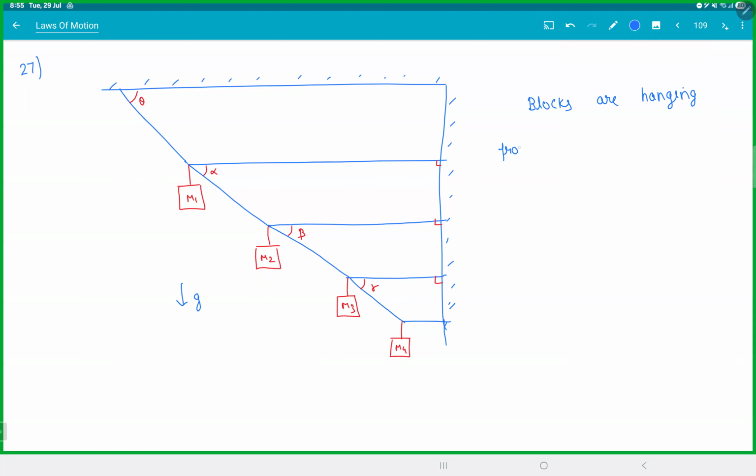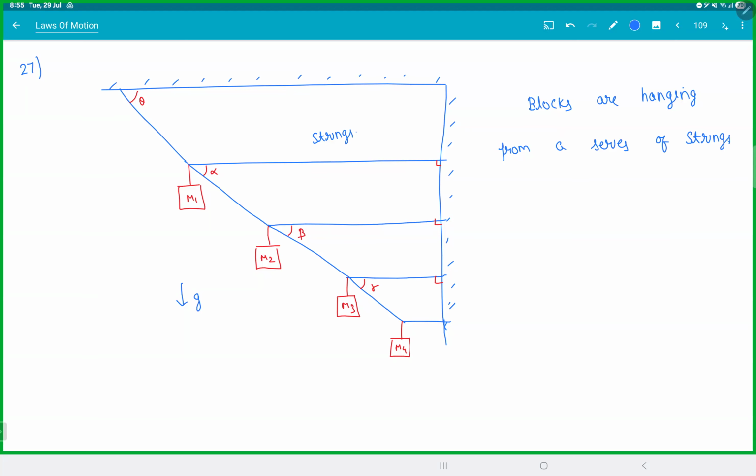Problem, you know what happens? Sometimes when I explain a question, I give you too many details in the equation, so you stop thinking. You don't think, oh, this is what is happening. So that is important. Blocks are hanging from a series of strings. All these blue lines are strings, right?